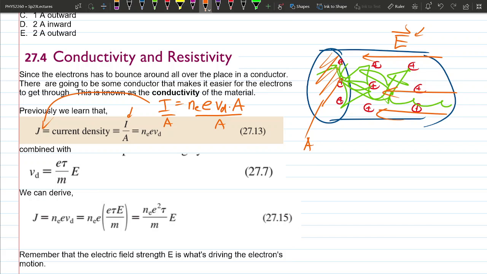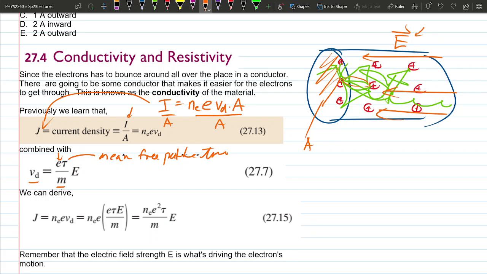We calculated that the drift velocity involves the charge of the electron, and remember, this tau is the mean free path time, meaning the amount of time the electrons are between two different nuclei, so they're actually able to be accelerated by the electric field.